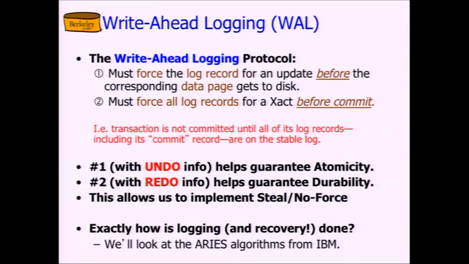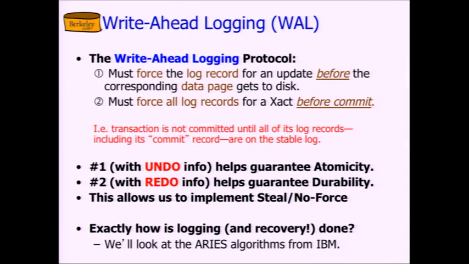And the second one is that before you report commit on a transaction, you must force all log records for that transaction. You're not allowed to send a commit to the user level until you're sure that all of their log records are on the log disk. The first of these guarantees atomicity. It guarantees that you can undo something in the database because you know it's in the log before it hits the database.